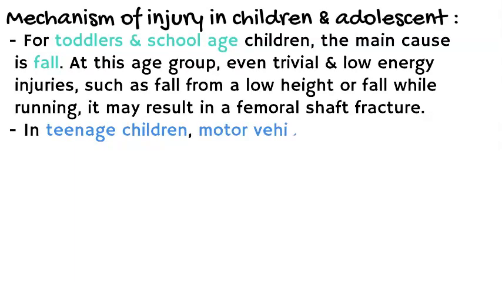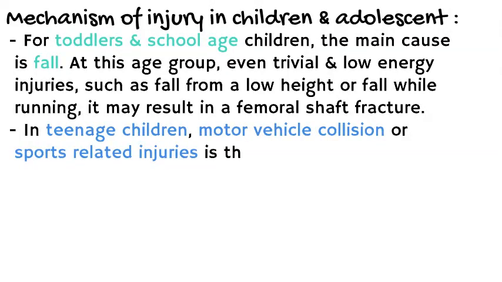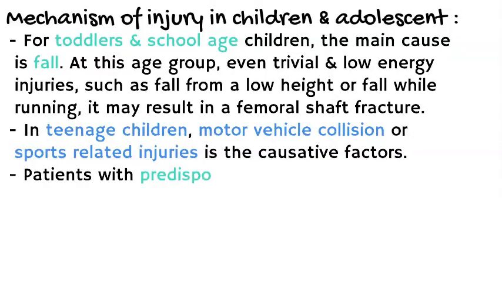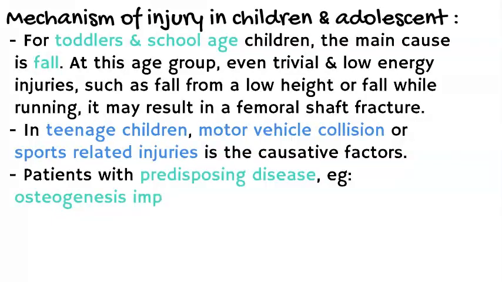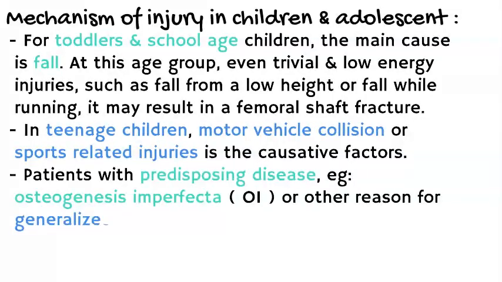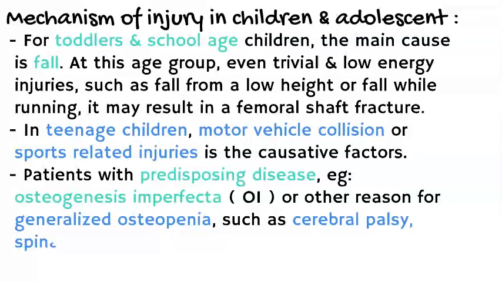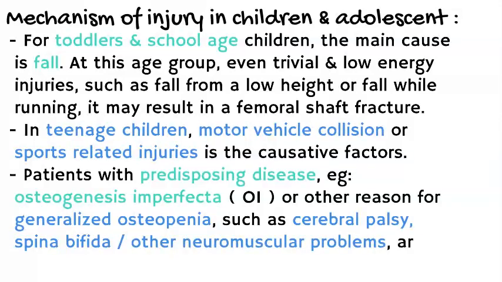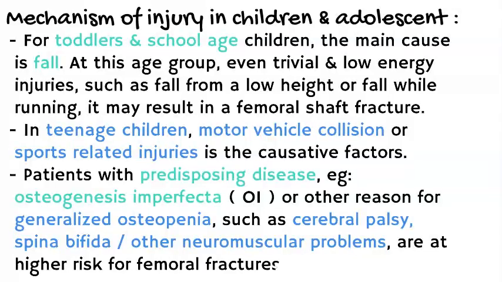In teenage children, motor vehicle collision or sports-related injuries are the causative factors. Patients with predisposing disease, for example osteogenesis imperfecta (OI), or other reasons for generalized osteopenia such as cerebral palsy, spina bifida, or other neuromuscular problems are at higher risk for femoral fracture.